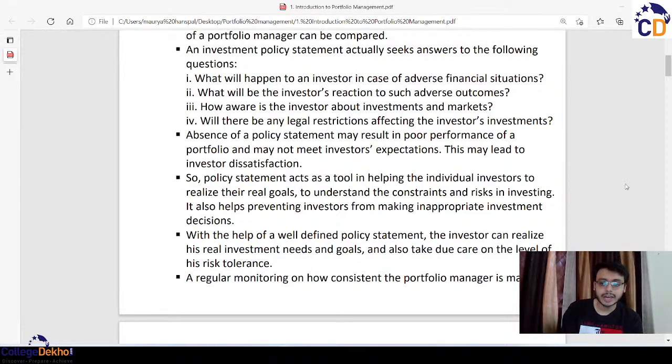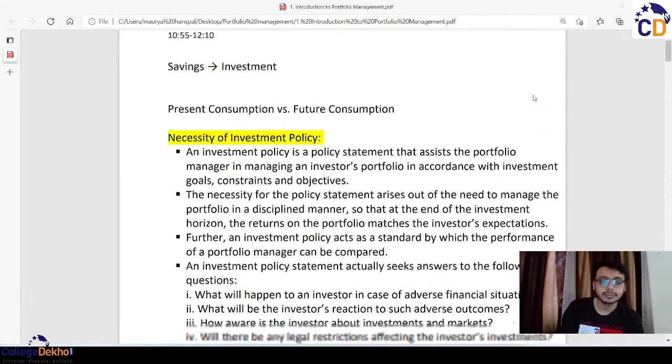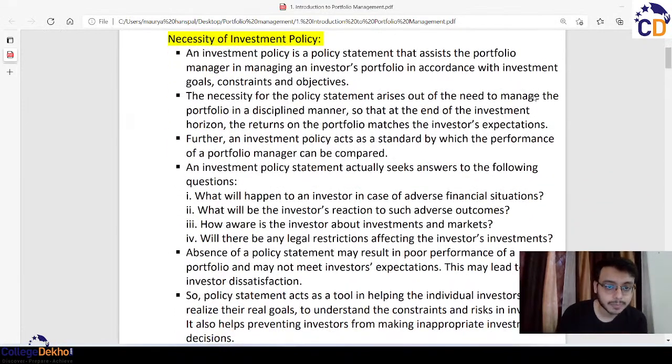Let's talk about the investment policy statement. Okay, and what is an investment policy? So basically, when we talk about investment policy, it is something that before investing into the stocks of the company, like if you are investing into the equity market or going for bond market or any of the market, you must know what your risk appetite is.